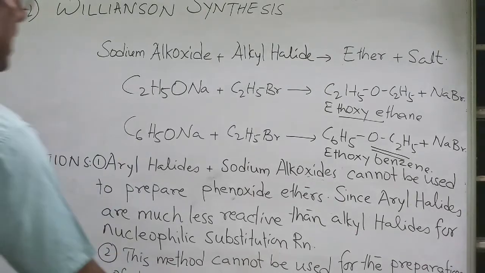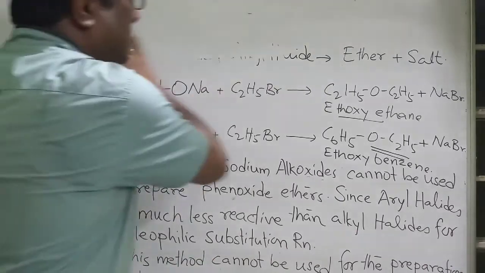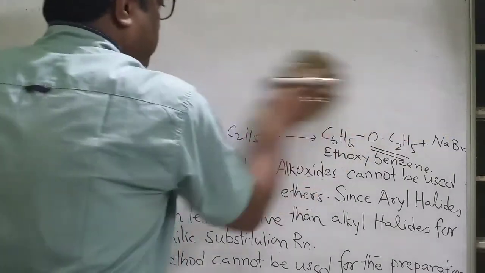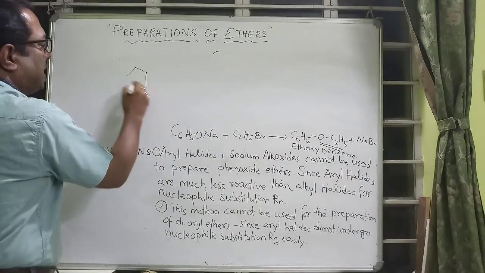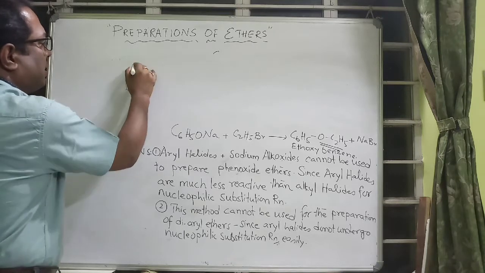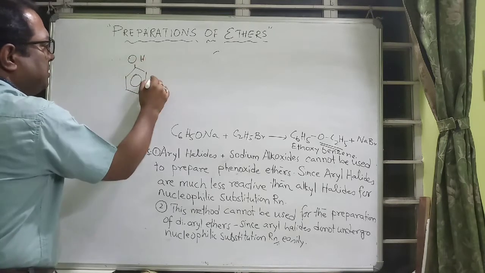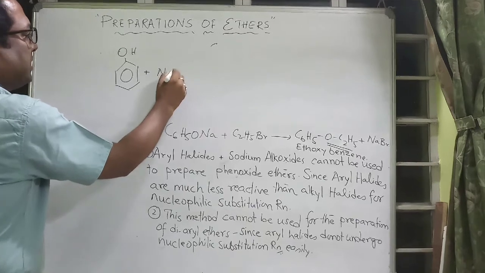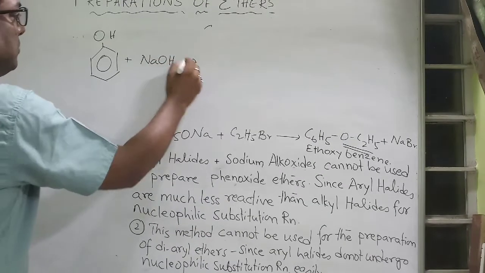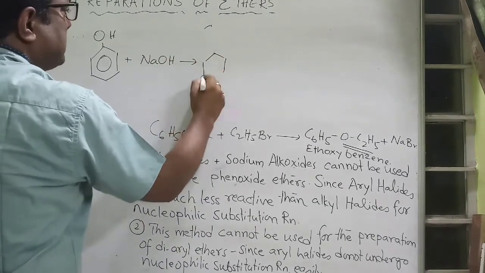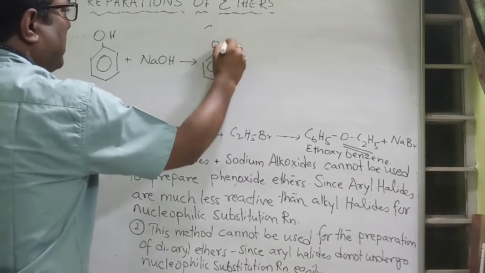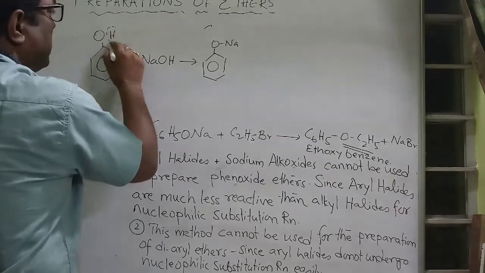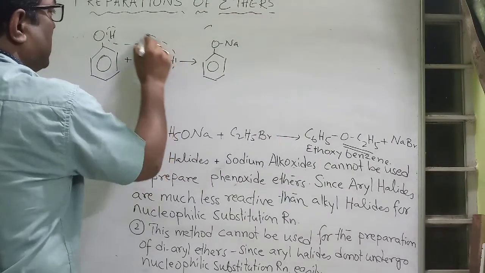Now, if we want to see the mechanism of this Williamson synthesis, say here we have a benzene, or we can call this a phenol. When you are adding sodium hydroxide, then what comes? It joins up with the liberation of ONa, H and OH form water.